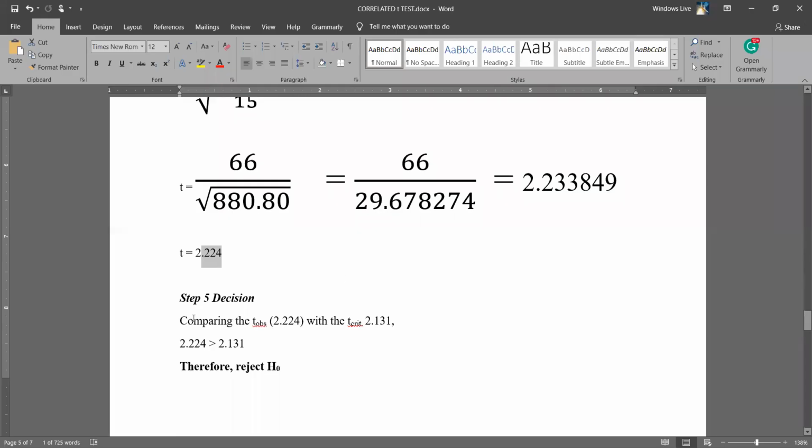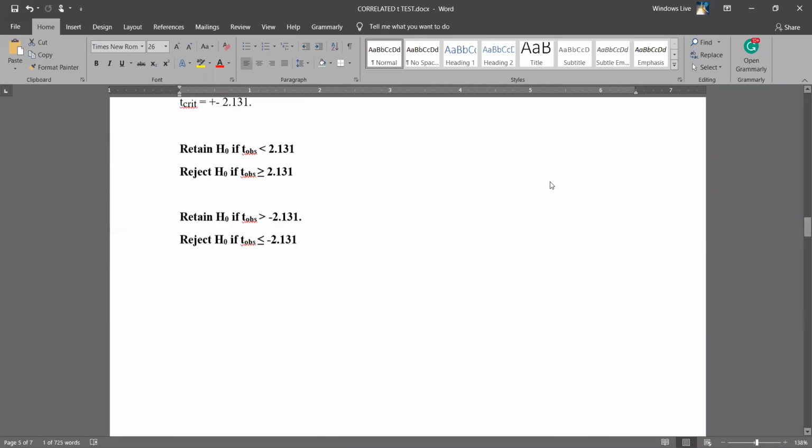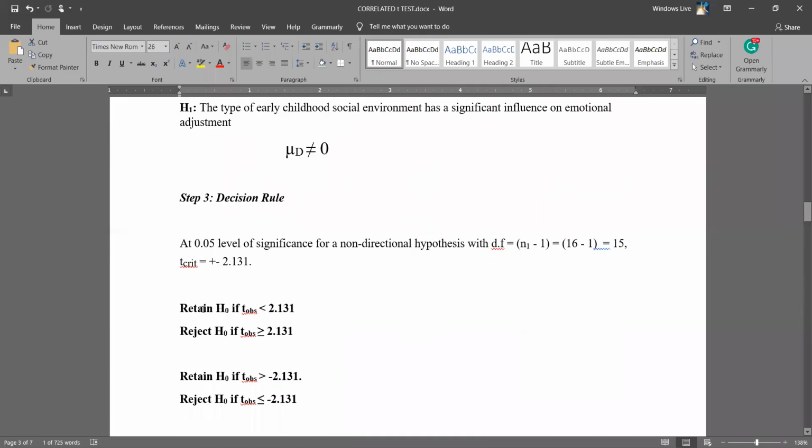So when you're done, then you move on to step 5, where you're supposed to compare the T observed, which is 2.224, with the T critical. And right now, we know our value to be what? Positive. So it means you go back to step 3, focus your attention on the positive decision rule, because we had a positive value.